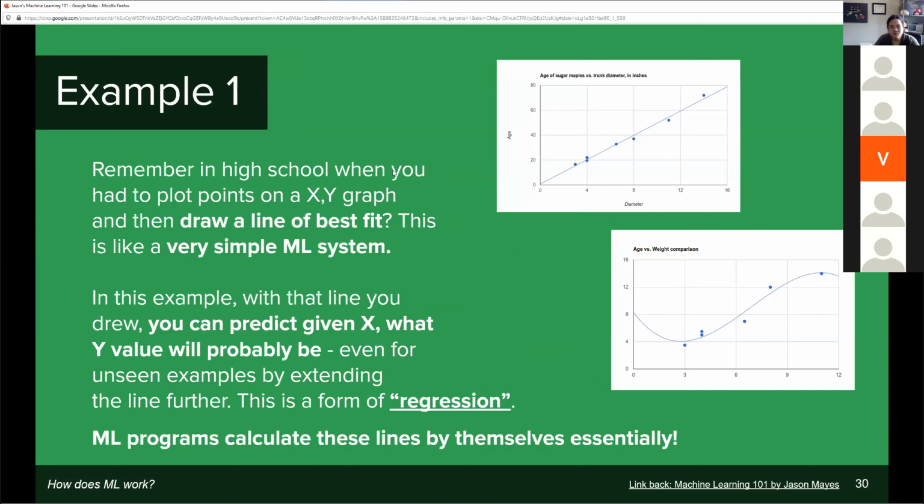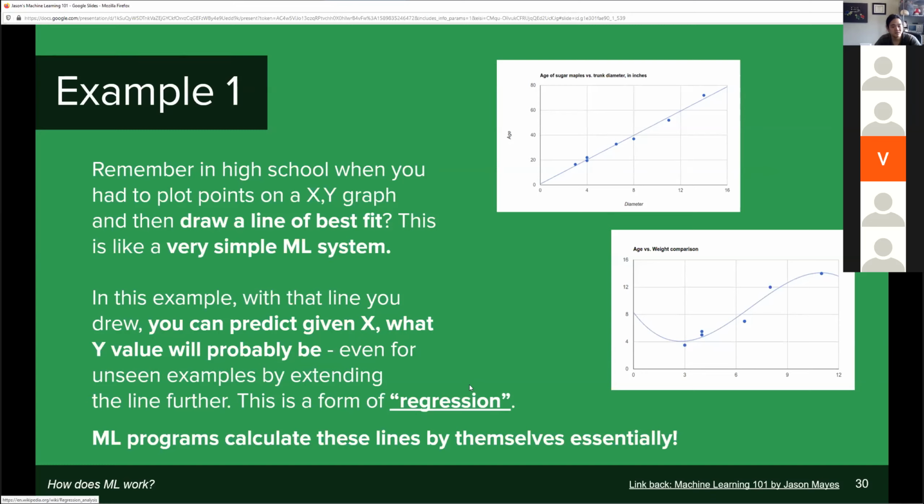Okay, so here is example 1, where you draw a line of best fit in high school. He says this is really an example of a machine learning system. It's essentially a regression: predict, given X, what the Y value will be, even for unseen examples, by extending the line further.